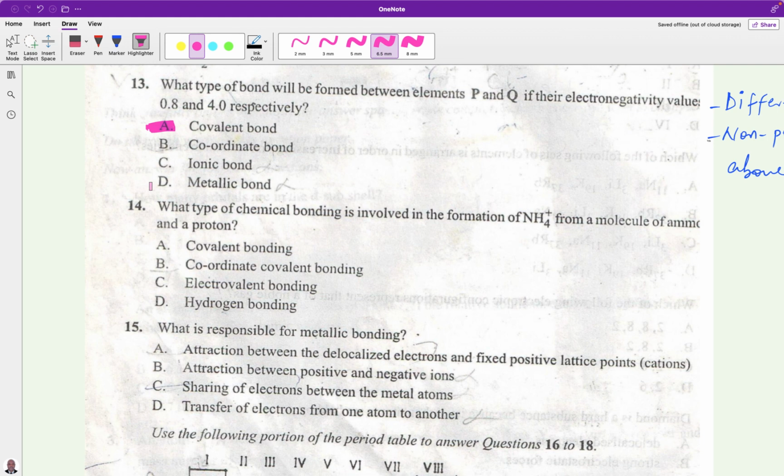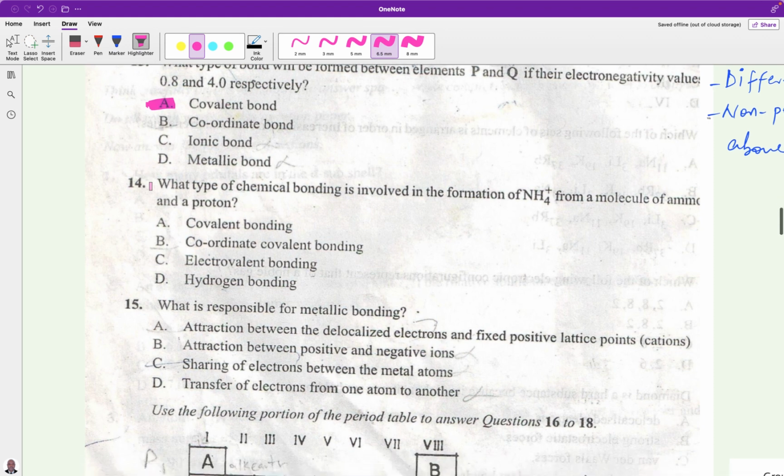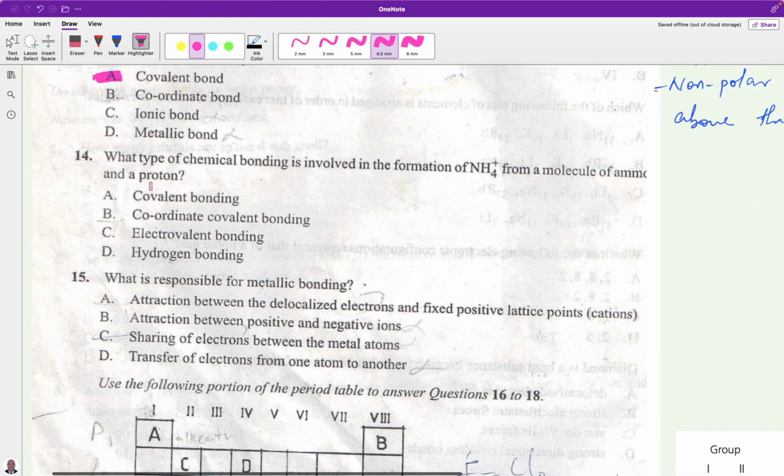Now, question number 14: what type of chemical bonding is involved in the formation of NH4+ from a molecule of ammonia and a proton?